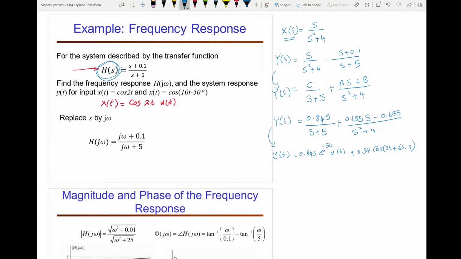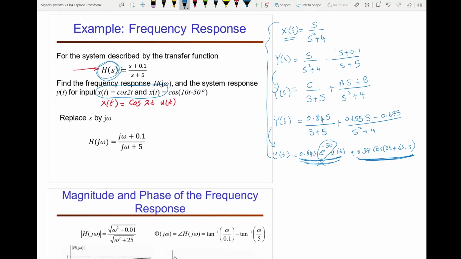So using the Laplace, we found that the output consists of two components: the transient response that depends on the characteristic mode of the system, and the forced response or steady state response that depends on the input to the system, this input. And this will last only for a short period of time. But if I am not interested in this, then I am better off using the frequency analysis. It's much easier. Here I skipped many steps because we already did these problems in the previous videos.